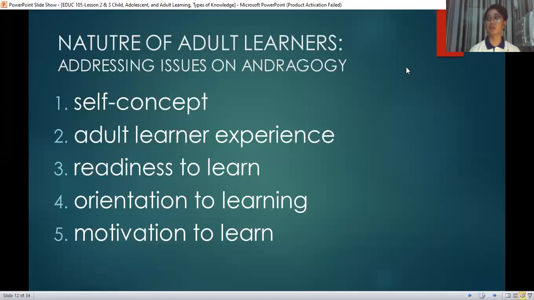So these people are problem-centered and they want to apply learning immediately. When we say problem-centered, when you give activities, it's more of raising questions or activities that involve higher order thinking skills like abstract reasoning. Hindi na uso sa kanila masyadong memorization, enumeration, like basic recall.